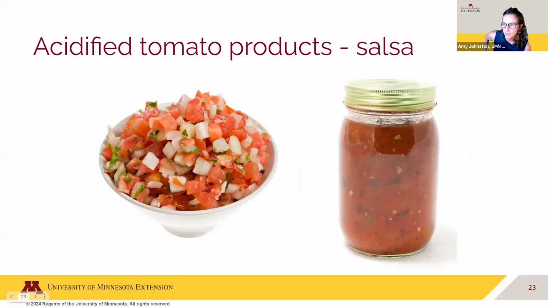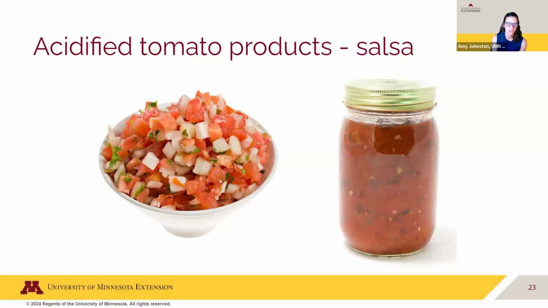I gave salsa its own slide to emphasize a couple points. So salsa is an acidified tomato product, but you cannot simply take a fresh salsa, something that would be just stored in the refrigerator, and then can it, because the pH might not be low enough.